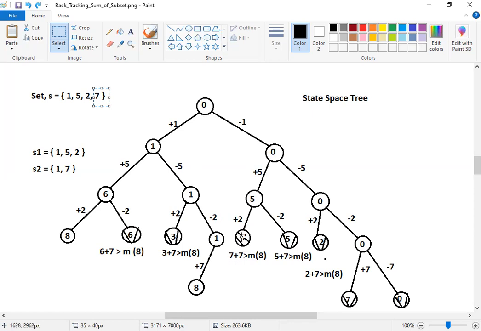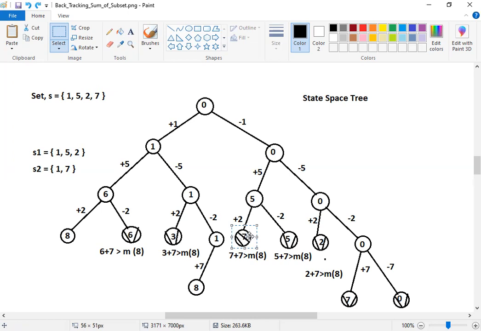The value of the left child node or any node cannot be greater than the total sum that we need to calculate. If I go further including the last number 7 on this child tree, I get the total sum as 7 plus 7, that is 14, right? So that becomes the dead end here. I cannot include it, so I need to mark it as a dead end.